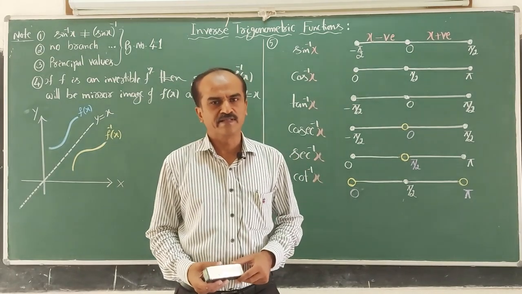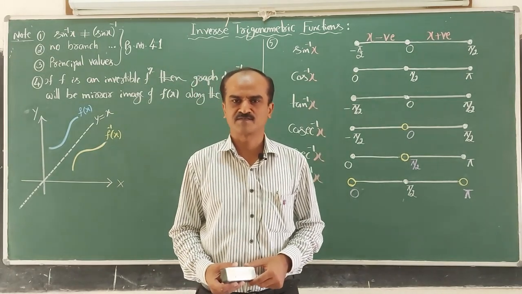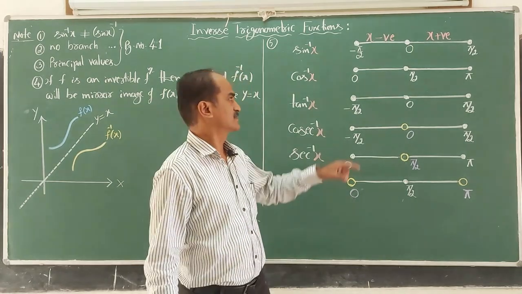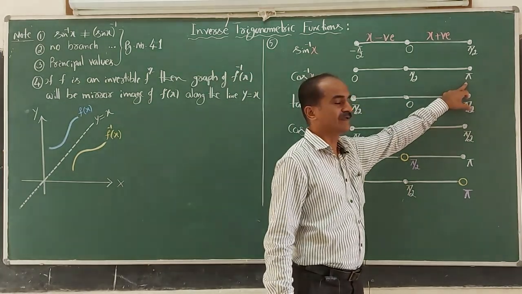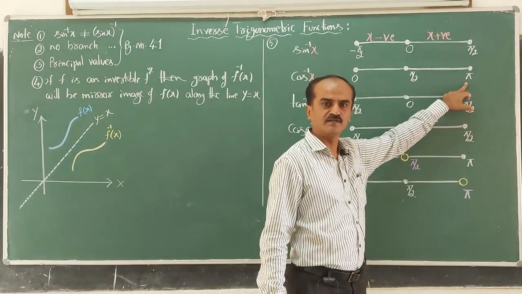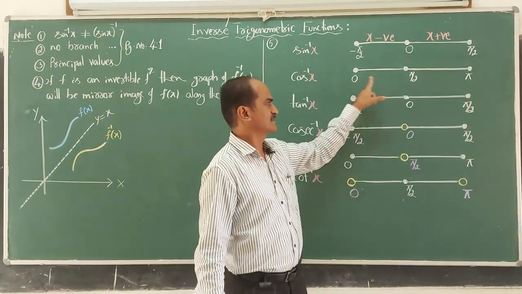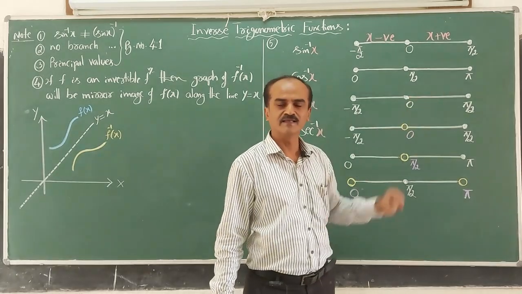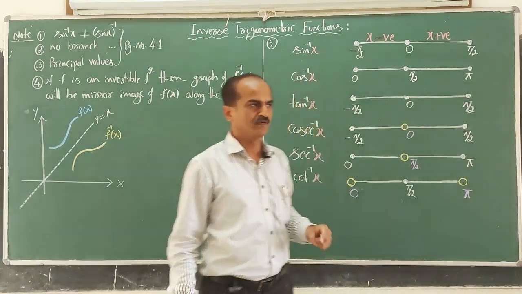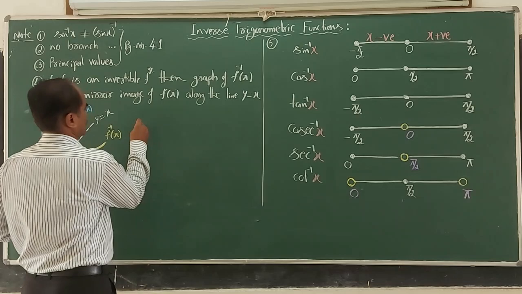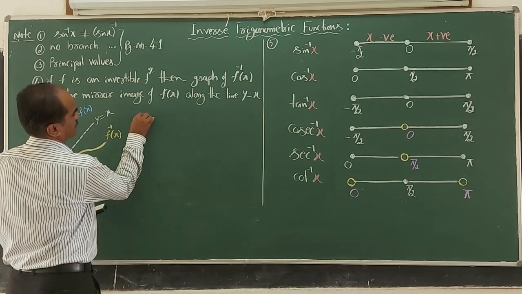Okay, now let me take the cos inverse x function. Cos inverse will give us an angle in the closed interval 0, pi. If x lies in the interval minus 1, 1, cos inverse x gives us an angle in the range 0 to pi. Now, let me take a particular example.